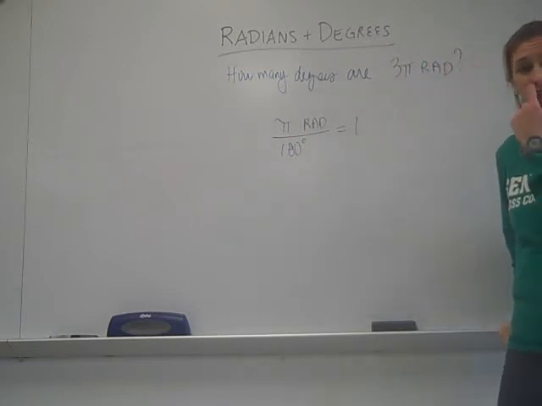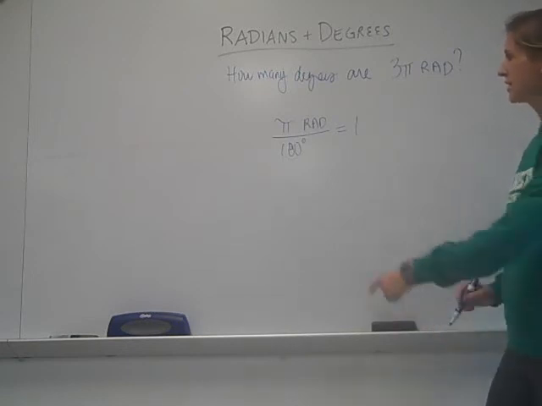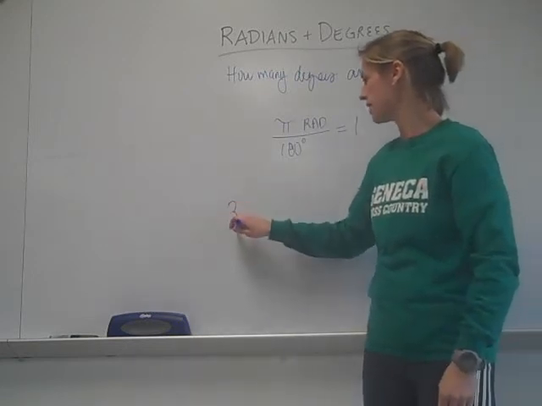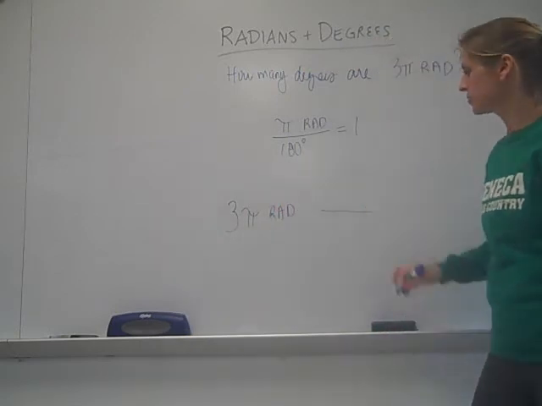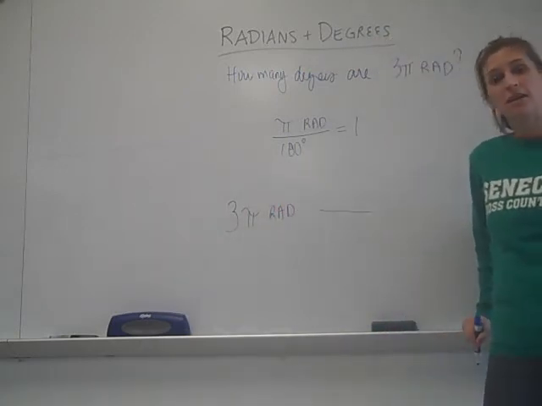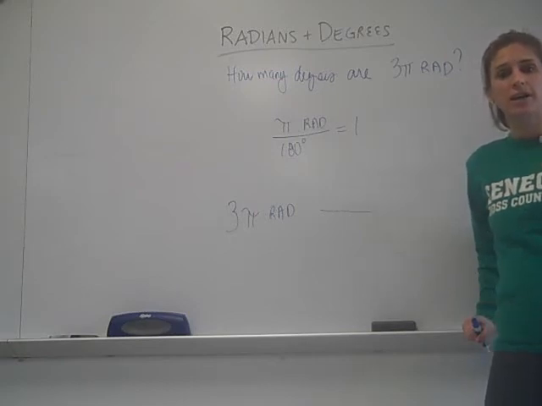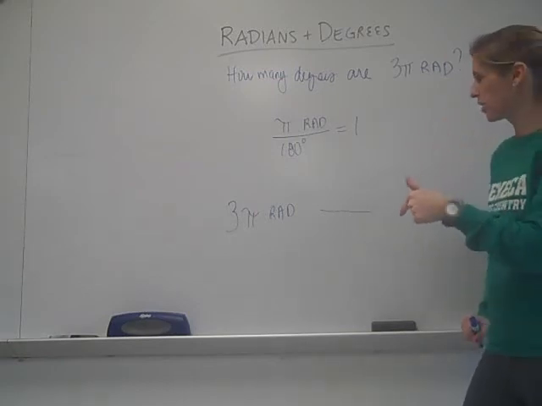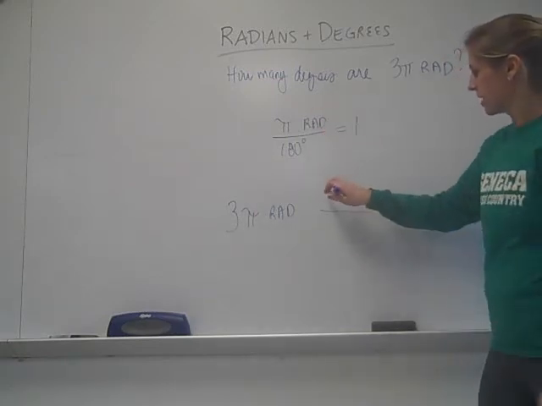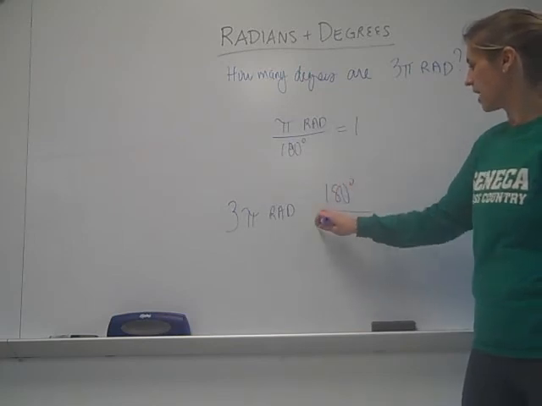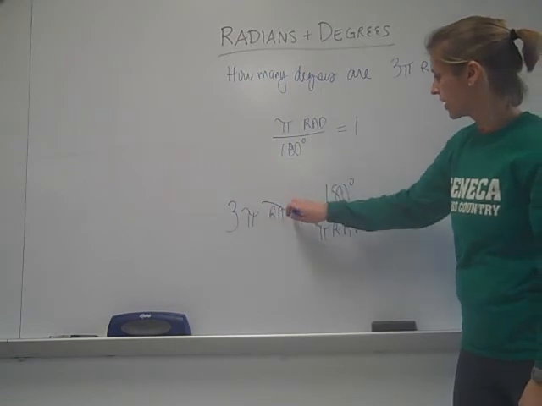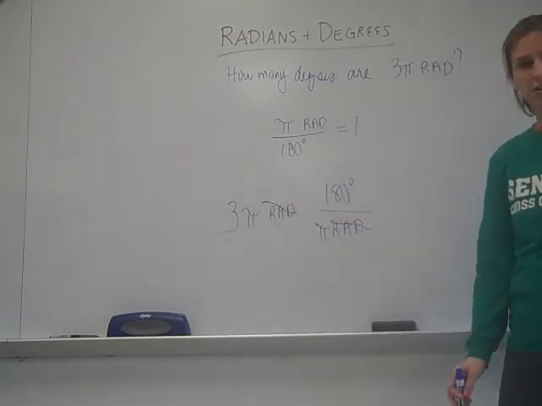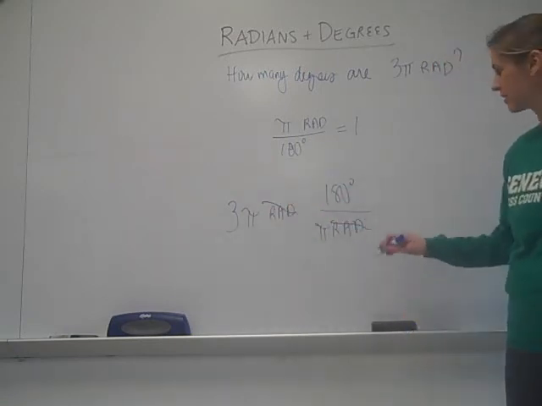So if I want to go back the other way, I'm going to take whatever I'm given, 3 pi radians, and I'm going to multiply it by 1. But the big thing you need to know is instead of multiplying it by the one I did before, I'm going to flip this. I'm going to put 180 degrees on top and pi radians on the bottom, so that the radians and the radians will cancel, and I'll be left with degrees.